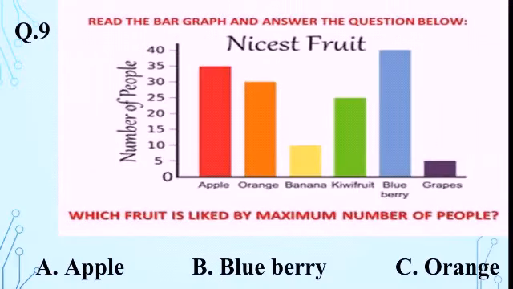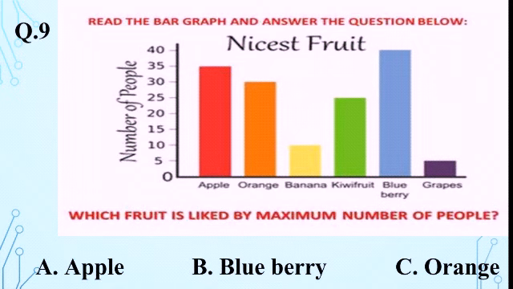So now question number 9. Read the graph and answer the question below. So here some fruits are there, and the number of people who like the fruits is given here. The scale's gap is 5 each. Now you have to find which fruit is liked by the maximum number of people.